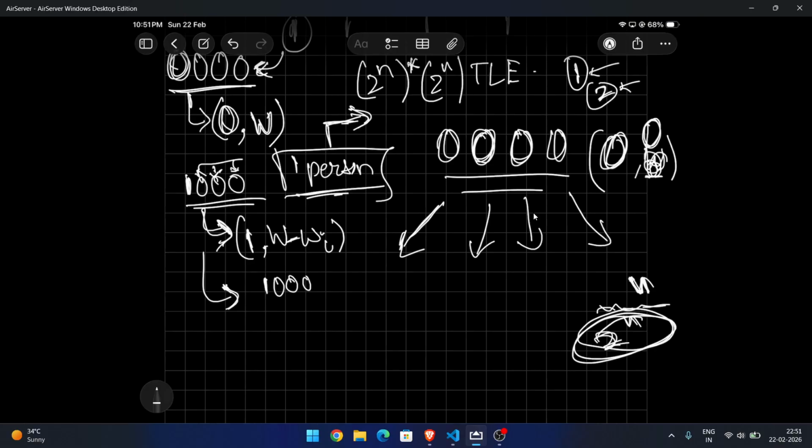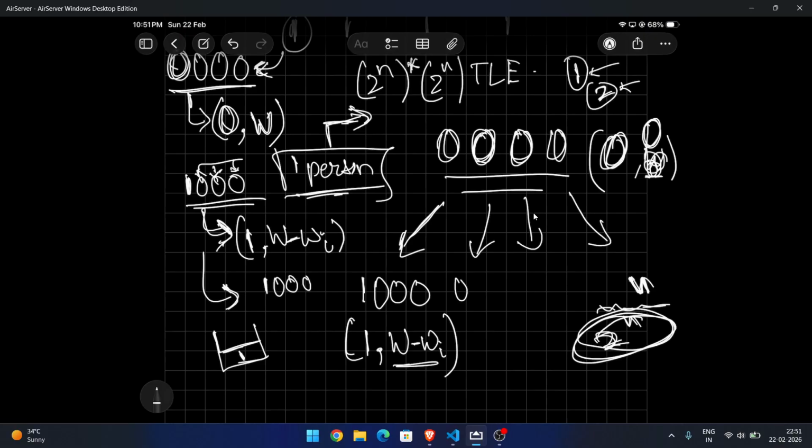So we would get a new lift for this person. So for this state, we got a new lift, so lift plus 1. And now what is the remaining capacity? In this new lift, only one person is standing, so that would be this only. So this is the remaining capacity.